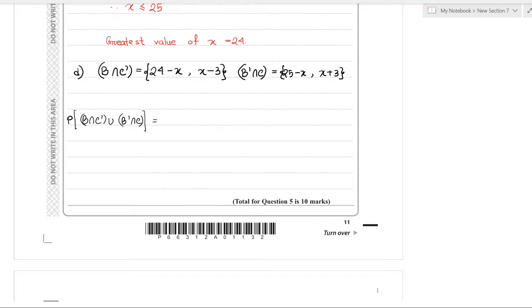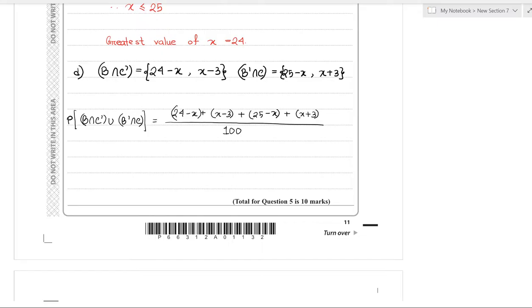So all the combination of elements would be 24 minus x plus x minus 3 plus 25 minus x plus x plus 3. The total number of elements was 100, and this probability was also occurring with the entire universal set. So the entire thing would be divided by 100.